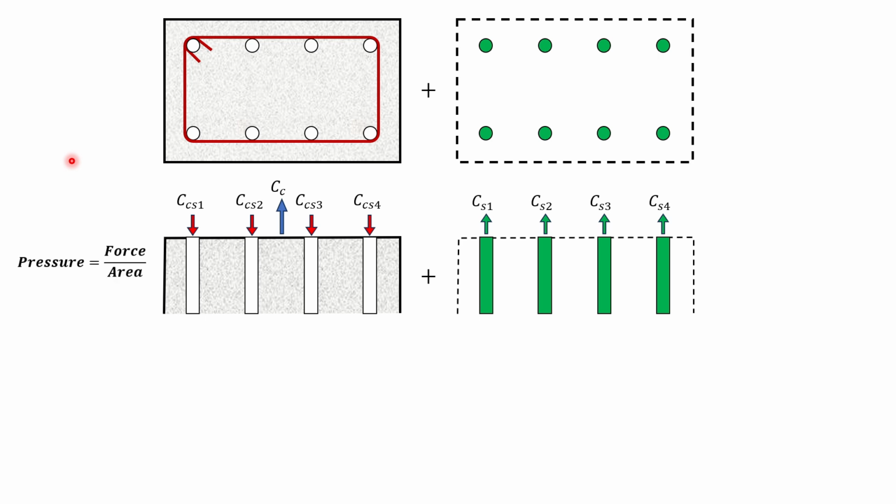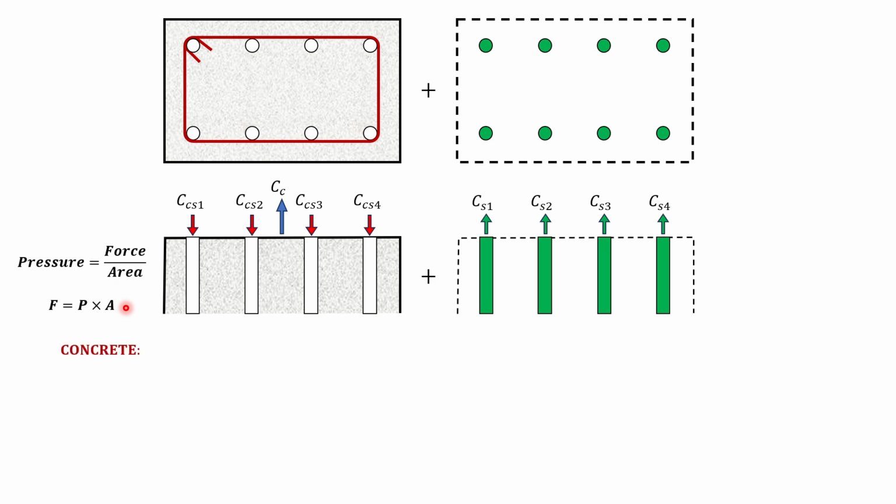Now we derive formulas for these forces, C sub C, C sub S, and then C sub CS by using the pressure formula, which is equal to force divided by area. Now this C here are actually forces. Therefore, we equate force equal to pressure times area.